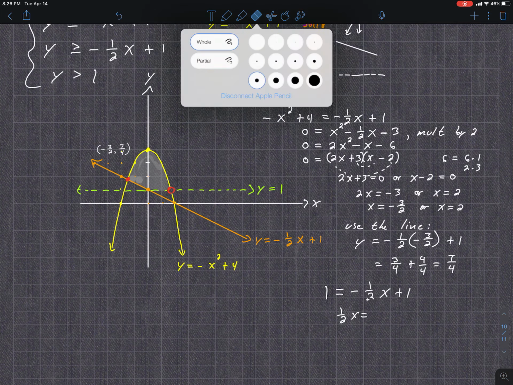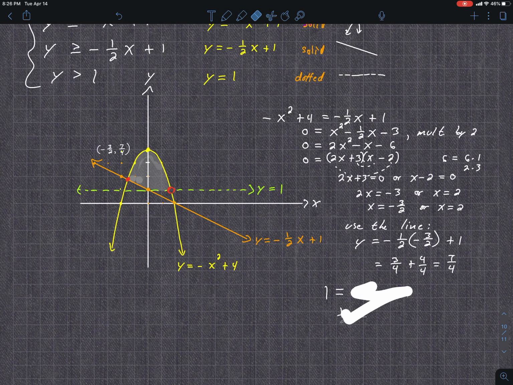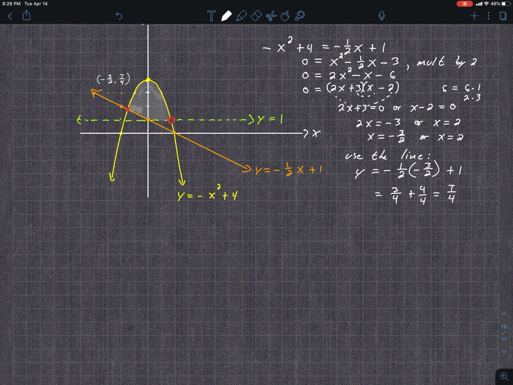I just did the wrong one. Yep, I did the wrong one. So let's see what I did there. I wanted that to be the parabola, and I did not write the parabola down. So I'll write it out this time. So I want the horizontal line to equal the parabola. Now I have a roadmap of what to do.